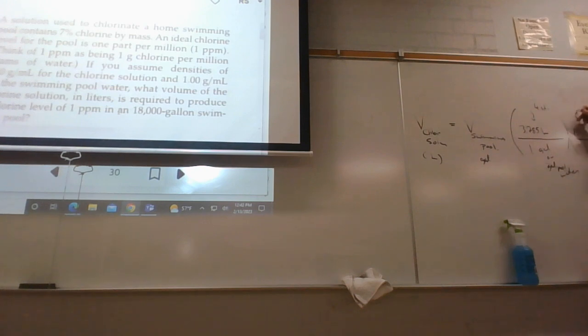Infinite sig figs. Now, something that's a bit tricky here is that in the numerator I have 4 sig figs. In the denominator, how many sig figs do I have? In the denominator, I have infinite sig figs.